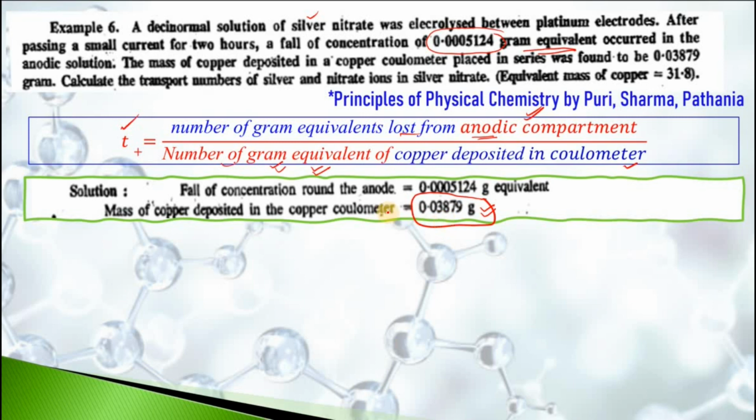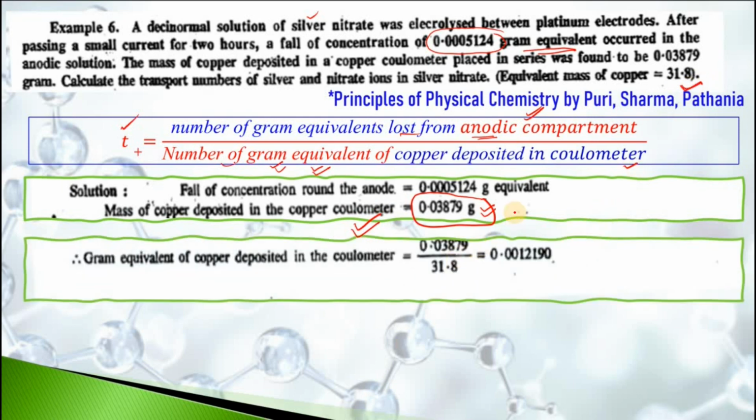How to do it? It is simple. Divide this mass in gram by the equivalent mass of copper. So gram equivalents of copper in the copper coulometer is equal to the mass of copper divided by the equivalent mass of copper, that is 31.8. This is the gram equivalents of copper deposited in the coulometer. Now from this formula we have the number of gram equivalents lost from the anodic compartment as well as the number of gram equivalents of copper deposited in the copper coulometer.